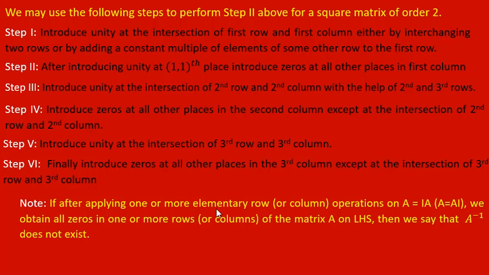Now, if after applying one or more elementary row operations on A, that is IA, we obtain all zeros in one or more rows of a matrix on the left hand side, then we say that A inverse does not exist. A inverse does not exist if any row is 0.